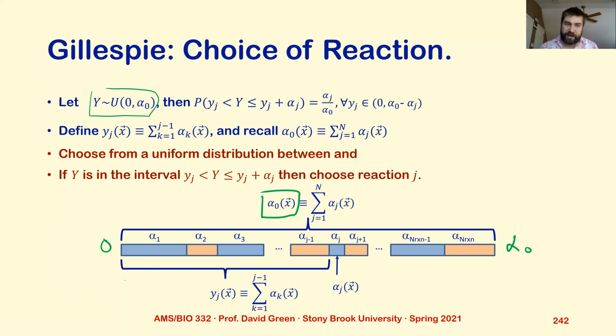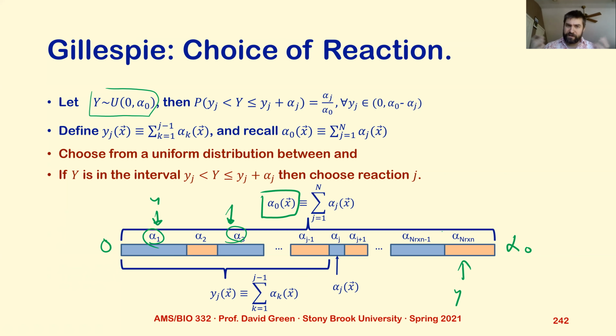So we're going to generate a random number somewhere in here and then ask which range we are in. So if our y was here, then the first reaction happens. If the y we generated was here, then the third reaction happens. If the y we generated was over here, then the last reaction happens.